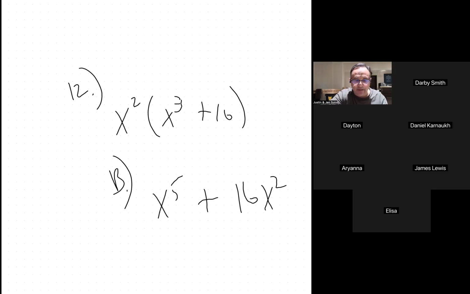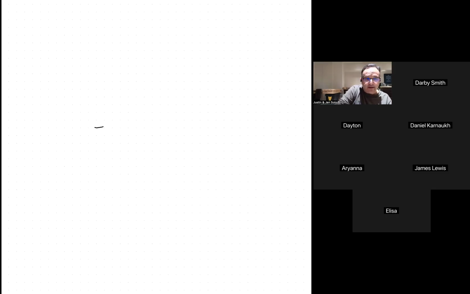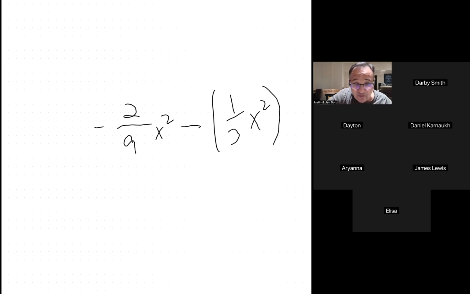All right, let's try number 13. Negative 2 over 9x squared minus 1/3 x squared. We're just subtracting these two fractions. Make sure your variables to the degree are the same, which they are. Then get common denominators and then solve.